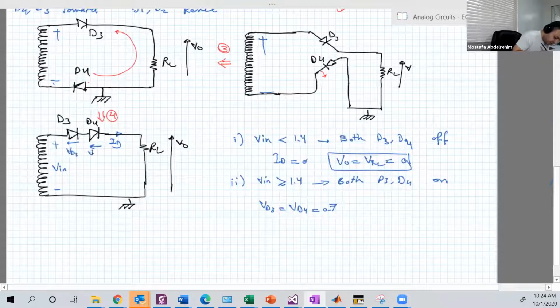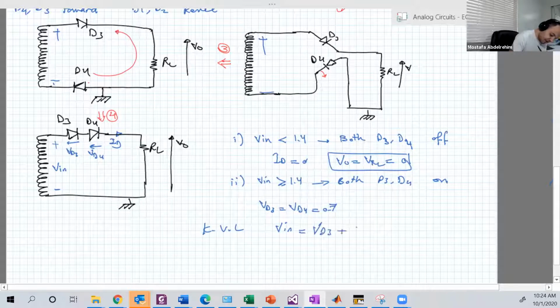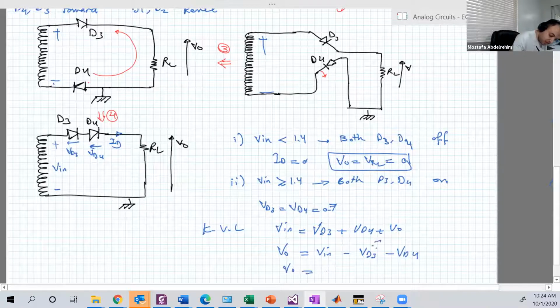By Kirchhoff voltage law, Vin equals VD3 plus VD4 plus VO. So VO will be equal to Vin minus VD3 minus VD4. This is 0.7, this is also 0.7. So VO is Vin minus 1.4 volt.